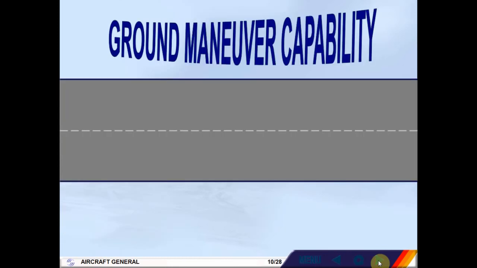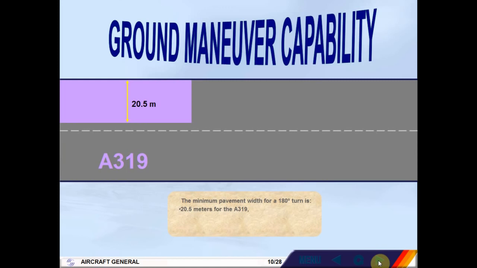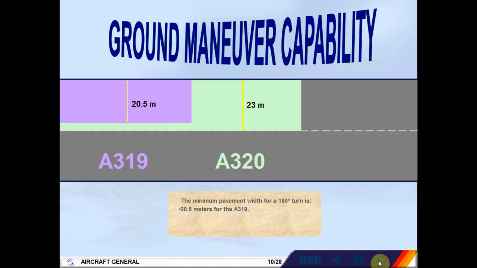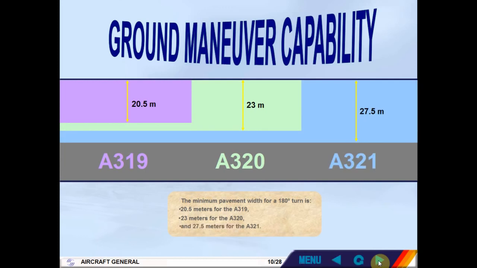The minimum pavement width for a 180 degrees turn is 20.5 meters for the A319, 23 meters for the A320, and 27.5 meters for the A321.